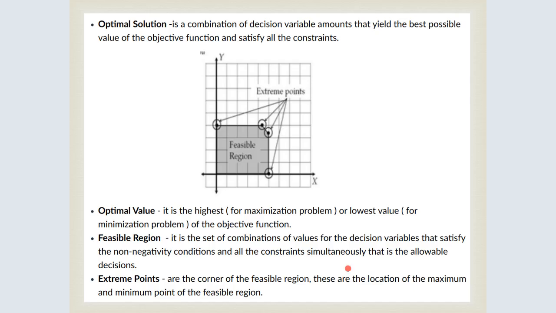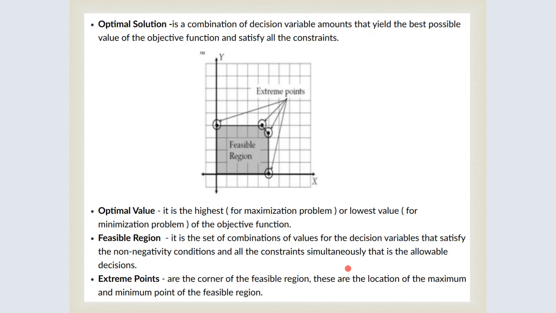So how do we get the optimal solution? This is a combination of the decision variable amounts that yields the best possible value of the objective function and satisfies all the constraints. The optimal value is the highest for a maximization or lowest for a minimization problem of the objective function.